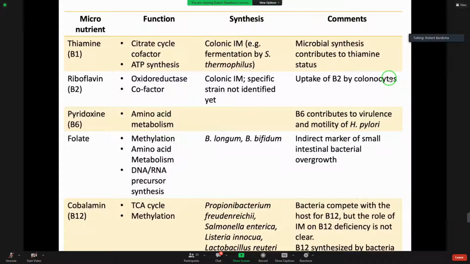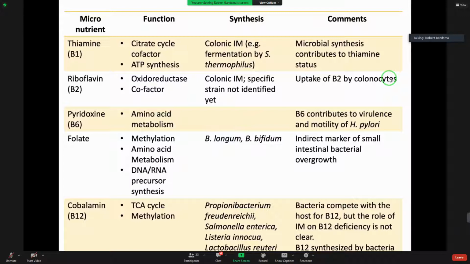Of course these vitamins play a very important role in metabolism, especially the B vitamins around energy metabolism, and thereby you can see how they might also play a role in growth through affecting metabolism.